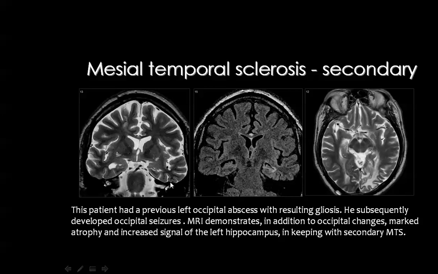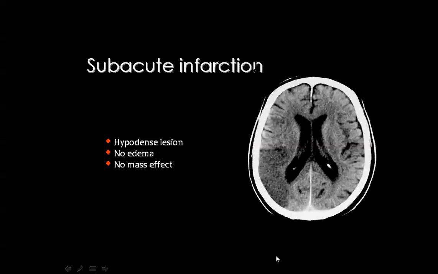The MRI showed some changes in the hippocampus on the left side, which are clearly identified in this FLAIR image. You see the abnormal signal in the hippocampus and the loss of volume compared to the opposite side.